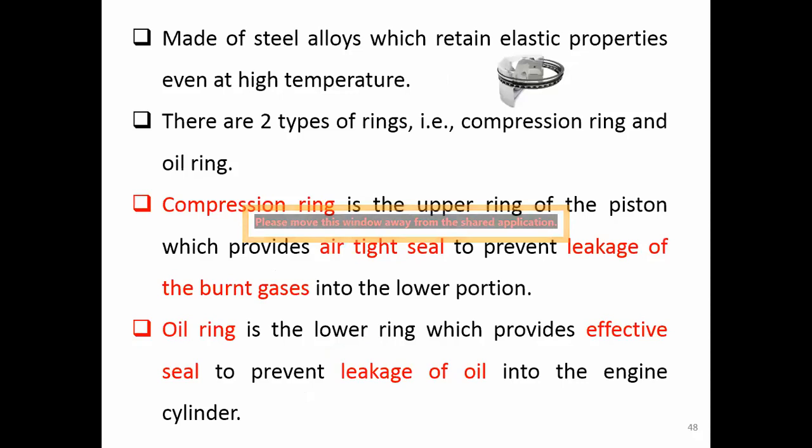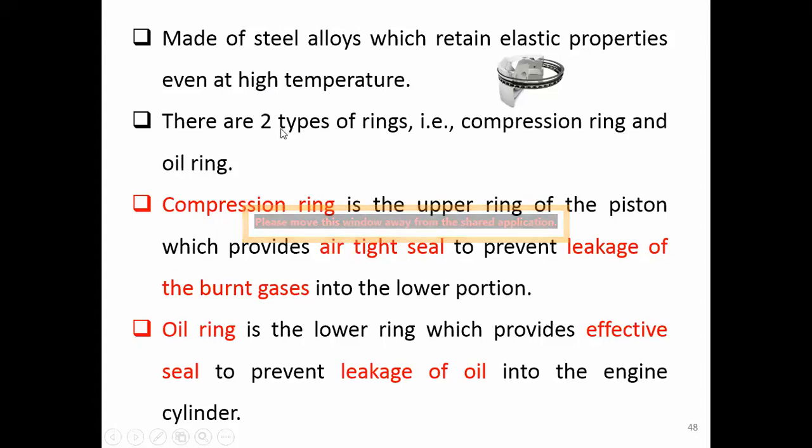These rings are made from steel alloys, and this steel alloy has to be able to retain its elastic property at high temperature. Otherwise, it will not do the function that it's supposed to do.